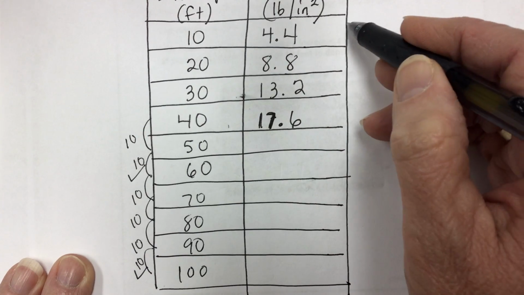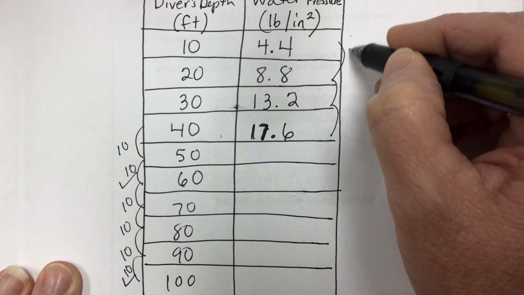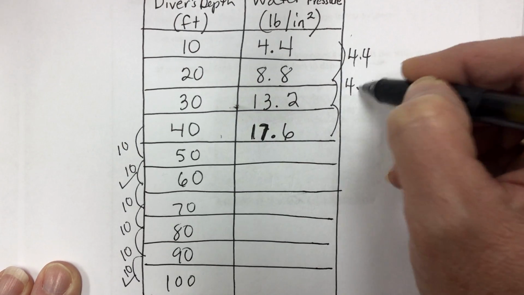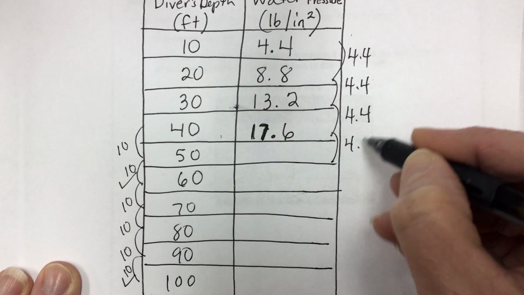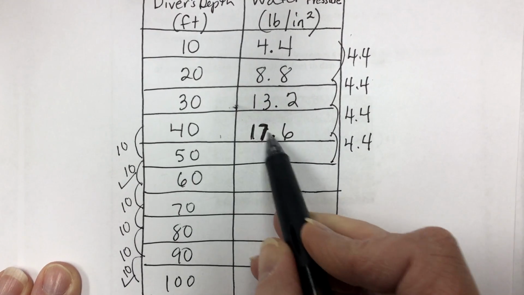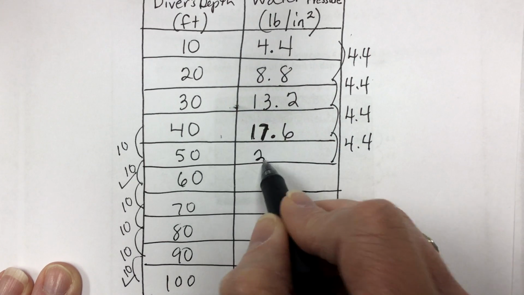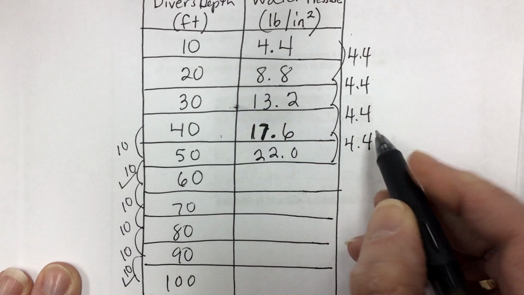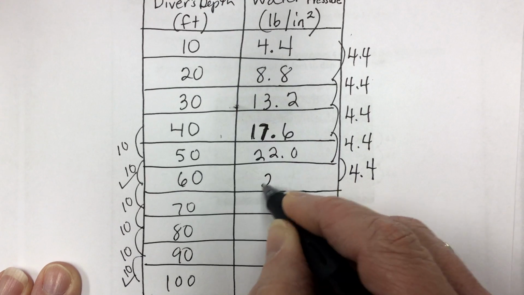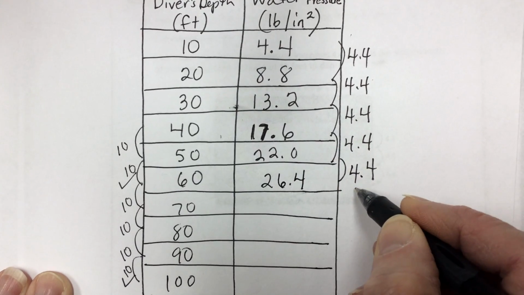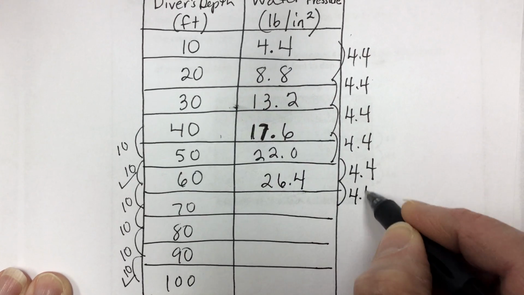Now remember that your change of output was 4.4. So each time we added 4.4. So if we continue adding 4.4, 17.6 plus 4.4 gives me 22.0. If I add 4.4 again, I get 26.4. You can use your calculator. Take 26.4 and add 4.4 again.